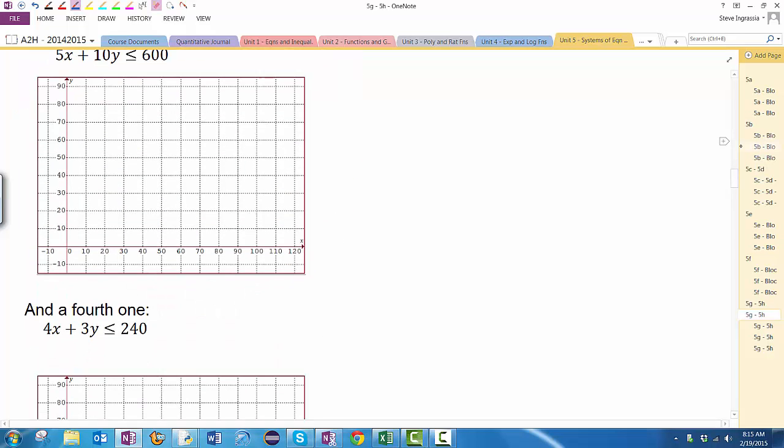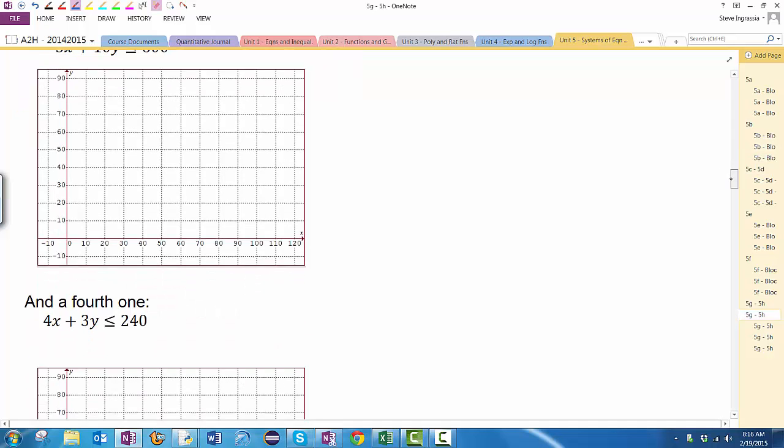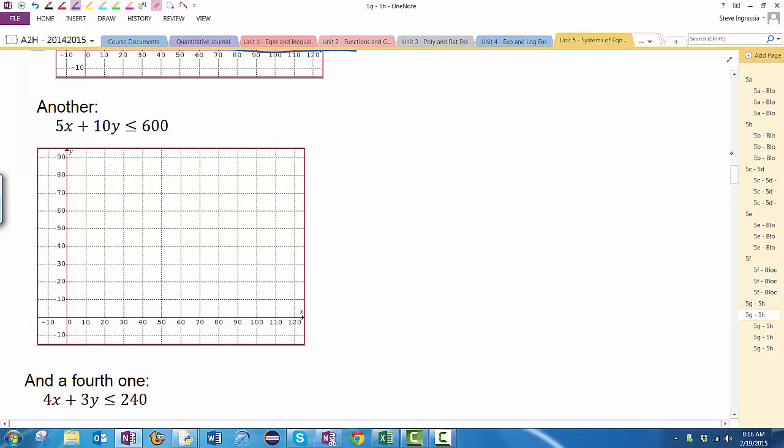To graph 5x plus 10y less than or equal to 600. How many of you were just paralyzed with this because there was a number like 600? And that's a big number. Well, let's not be paralyzed. All we need to graph a line is 2 points on the line. I could put this into y equals mx plus b form, but it's far simpler for me just to say, what happens if x equals 0?